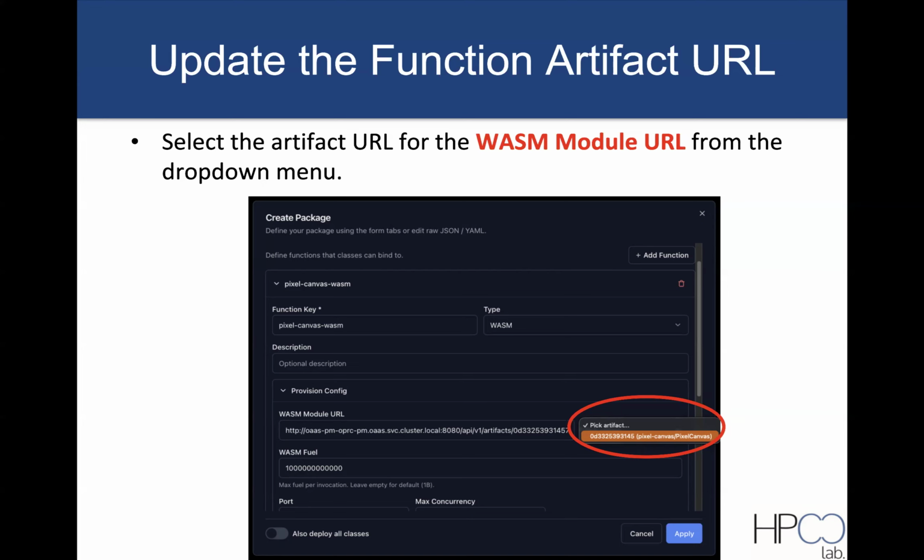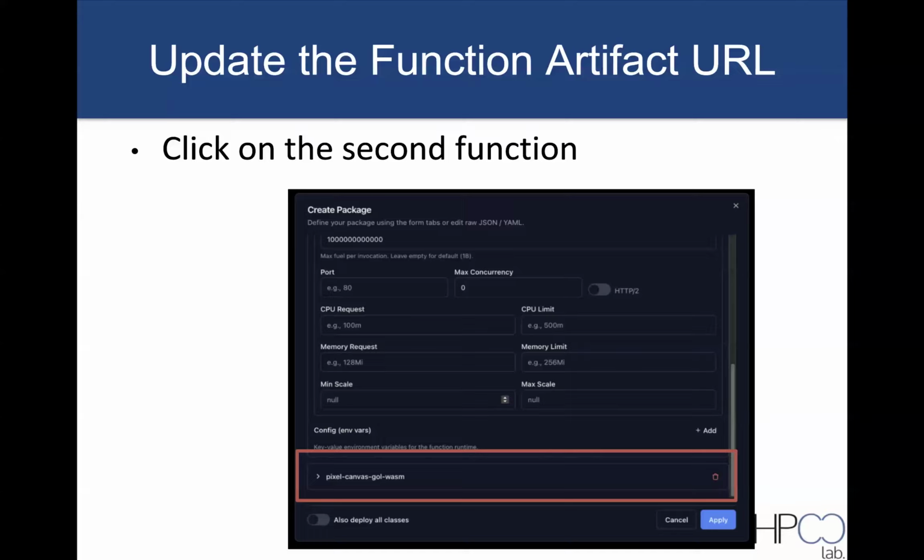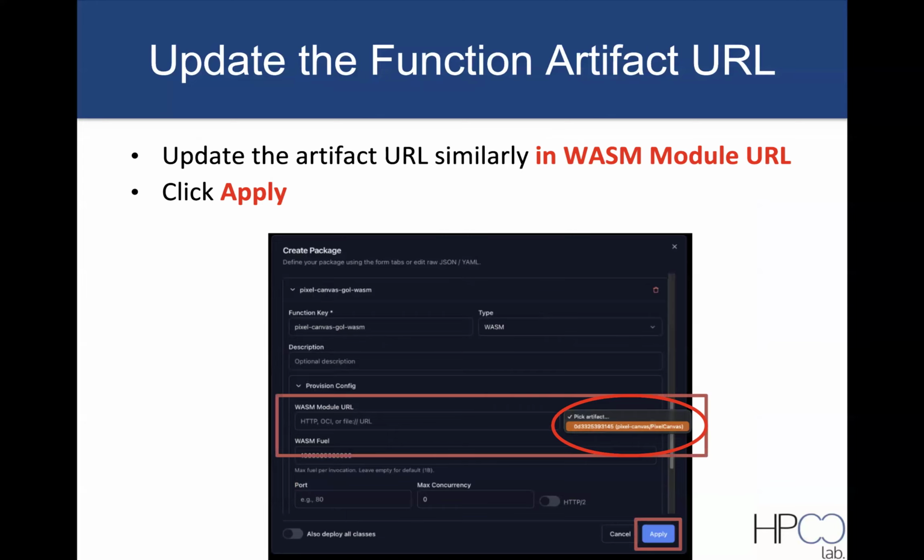Click apply. Now there is another function also, and we need to pick the artifact for that one as well. Do the same thing: go to the WASM module of the second function and pick the artifact, for both functions, not just one. There are two of them. I don't know exactly which one I created.